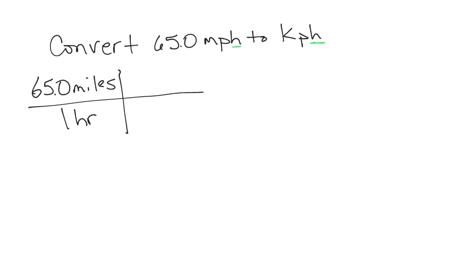We only need to convert the miles to the kilometers. And then if you look at the list of some common conversion factors, I gave you the one that has kilometers and miles. So 1 mile equals 1.61 kilometers. So that's what we're going to use.